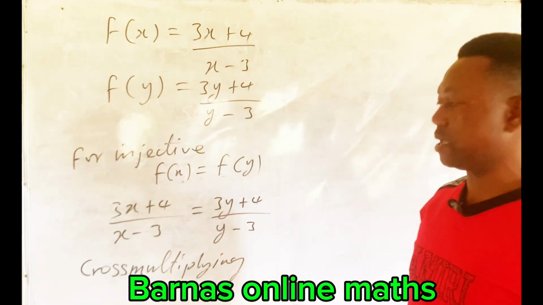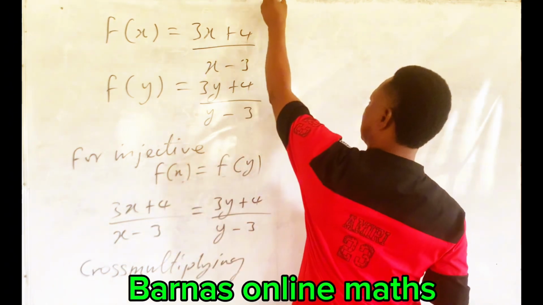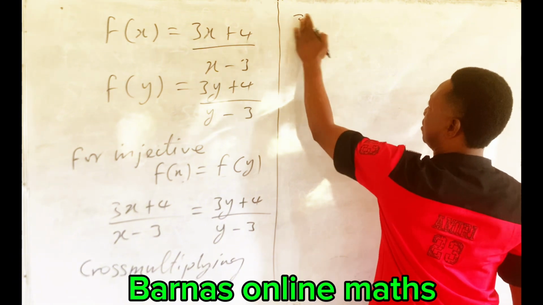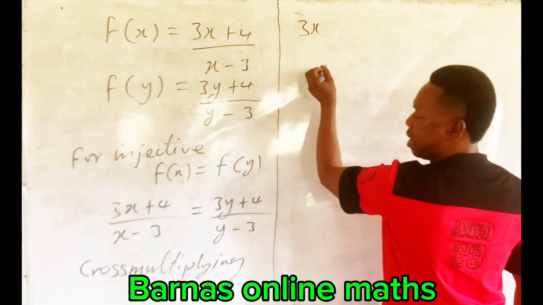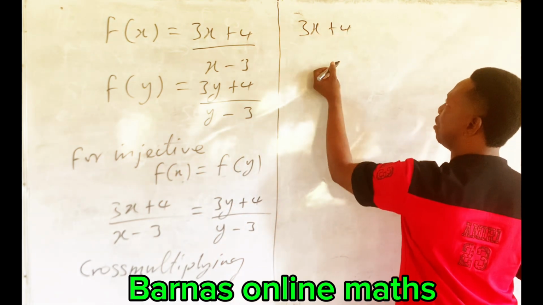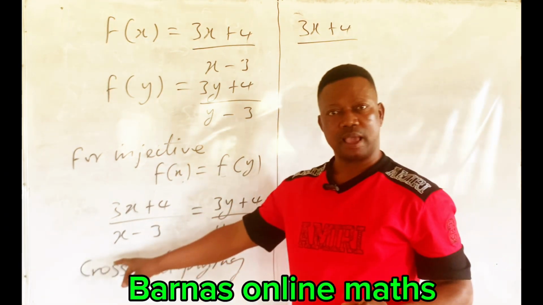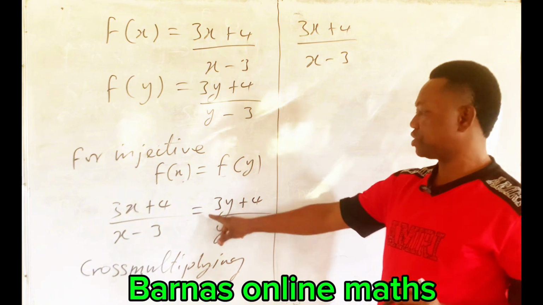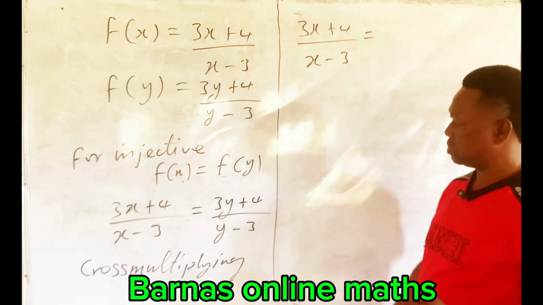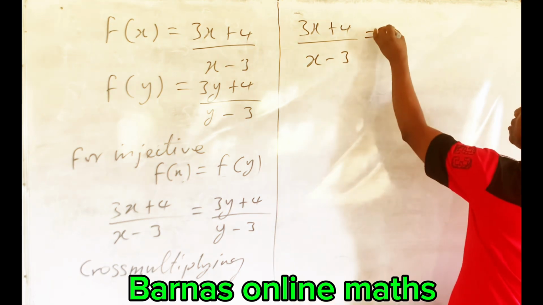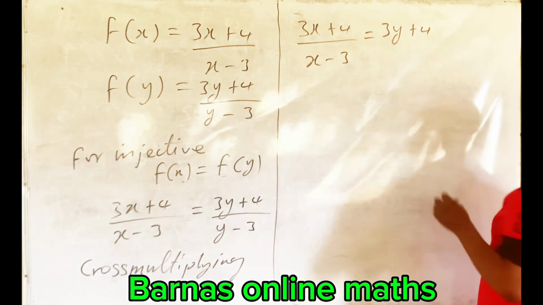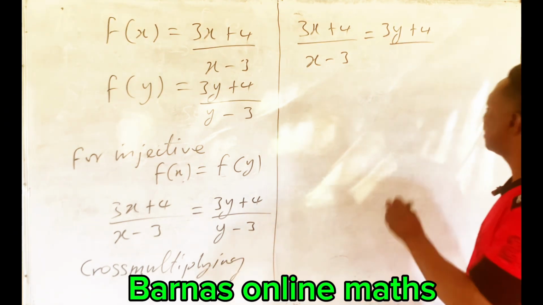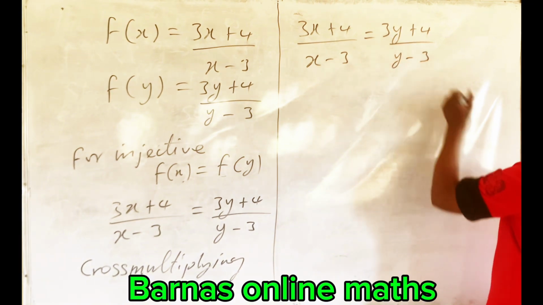If we cross multiply, we have 3x plus 4 all upon x minus 3 equals 3y plus 4 all upon y minus 3.